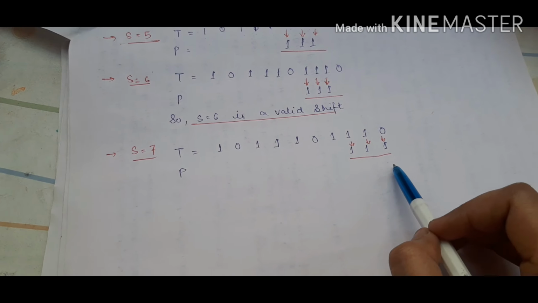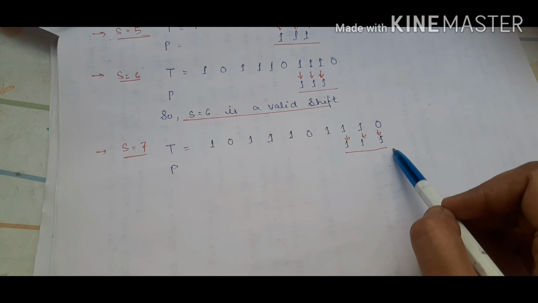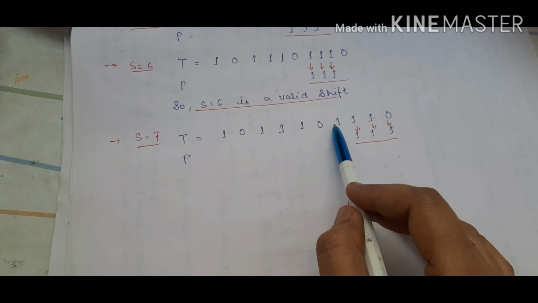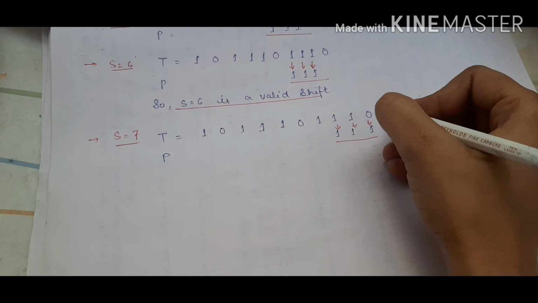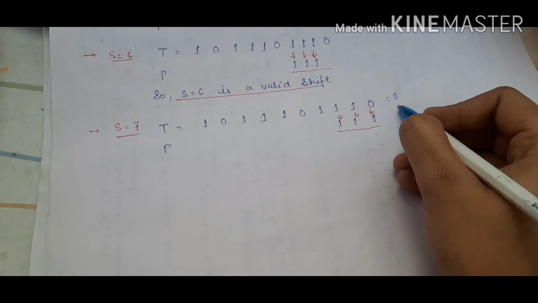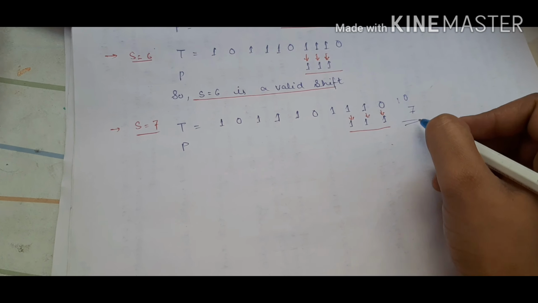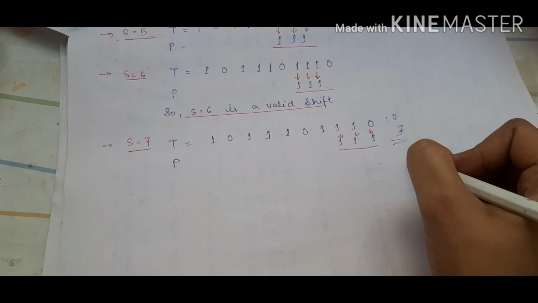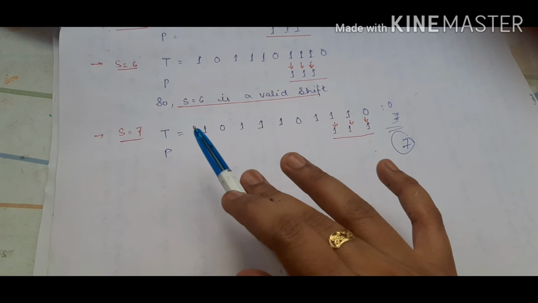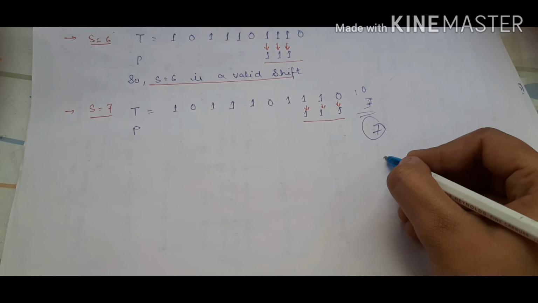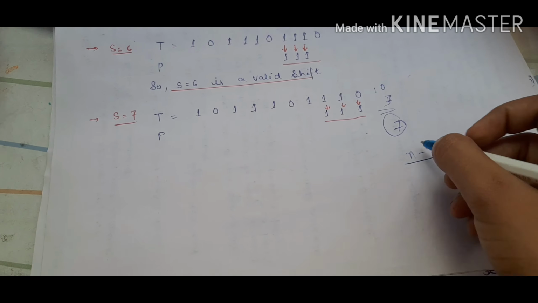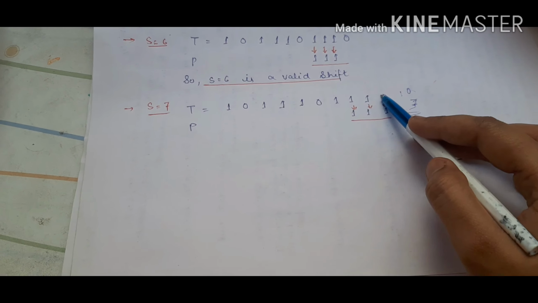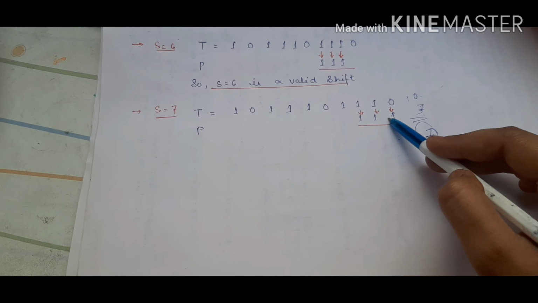Now the last is s equals 7, the end of the text. The length of the text is 10 and the length of the pattern is 3, so the number of shifts we can make is n minus m. The term we were using in the previous shift was n minus m, where n is the length of the text and m is the length of the pattern.